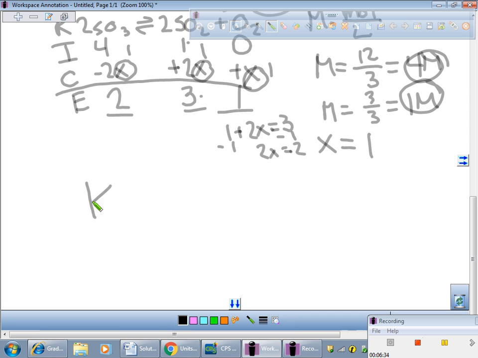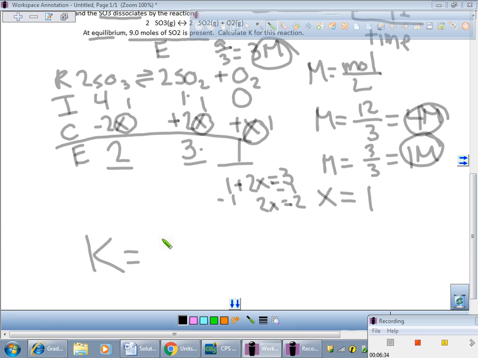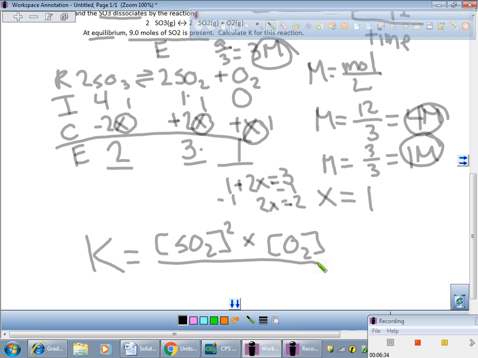So remember to write your K expression. That's the next step. It is product over reactants. So SO2 is a product, and we take it to the power of the coefficient, which is 2, times the concentration of O2, to the power of its coefficient. That one is 1. And then on the bottom, we have our reactants, SO3 to the power of 2. Good. Well, you can only plug in E values, which we have.